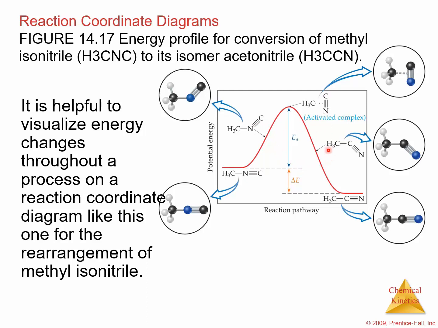So the conversion is exothermic, as I said, and the energy change for the reaction, delta E, has no effect on reaction rate, however. Now, the rate depends on the magnitude of E of A. Generally, the lower the value of EA is, the faster is the reaction.